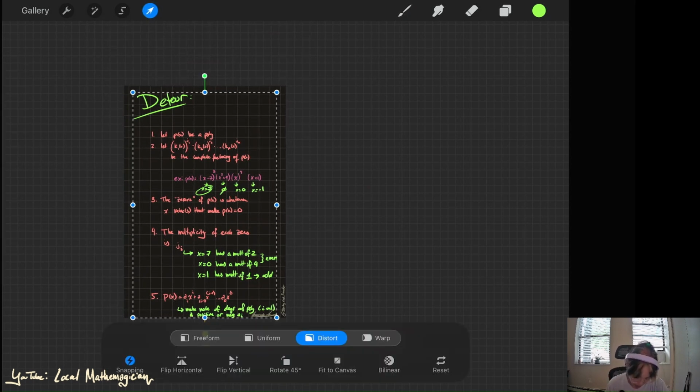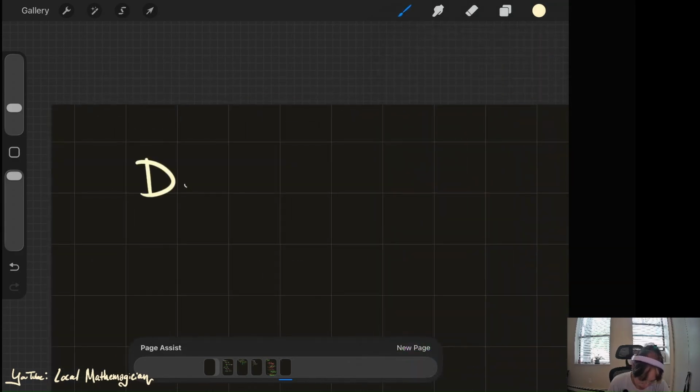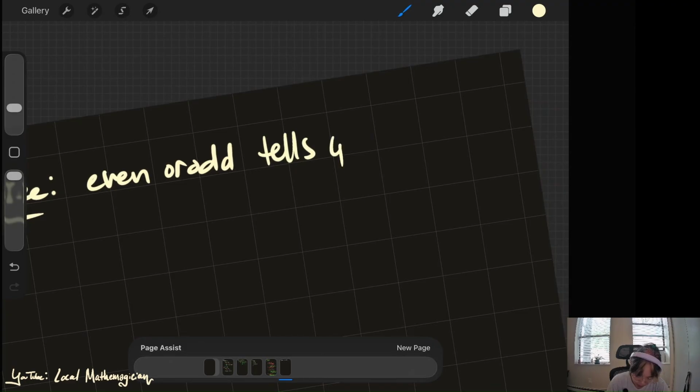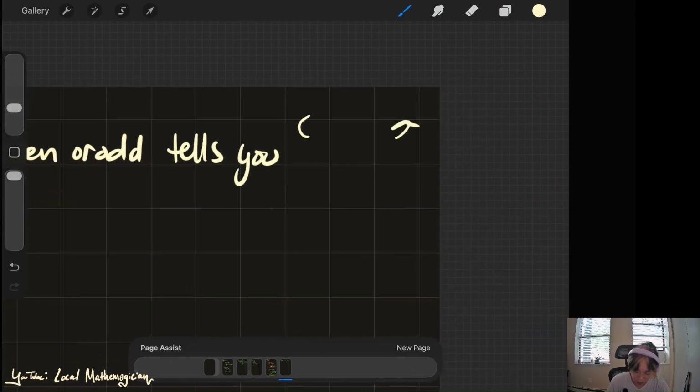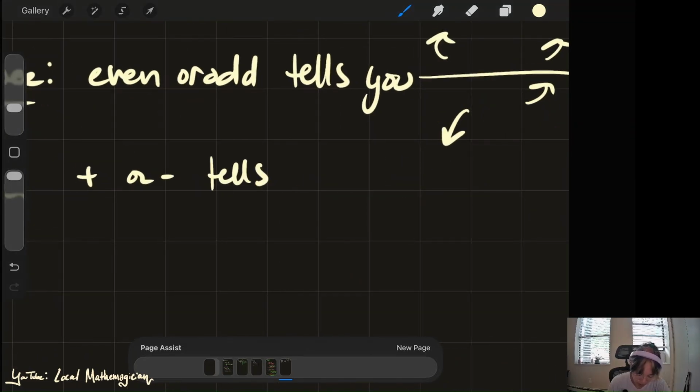By that I mean, first, your degree, even or odd, tells you symmetric or asymmetric. Coefficient, positive or negative, tells you direction.